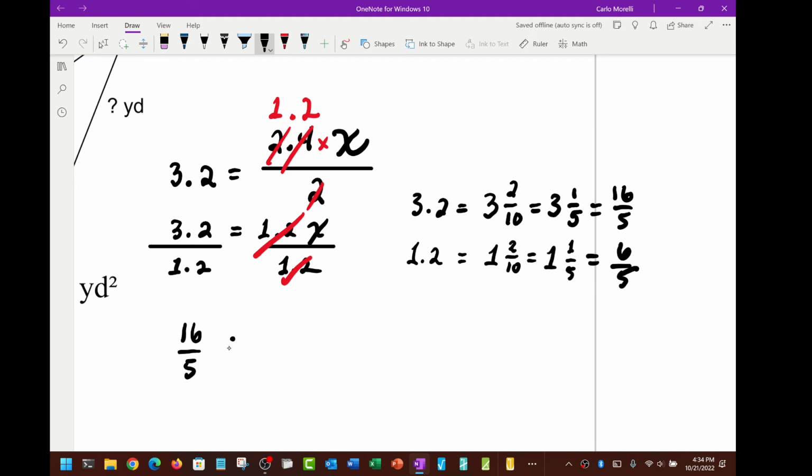And so instead of saying divide by 6/5, we're going to say multiply by 5/6. Remember, keep, flip, and change: keep the first one, flip the second one, and change from division to multiplication. Okay, cancel, cancel.